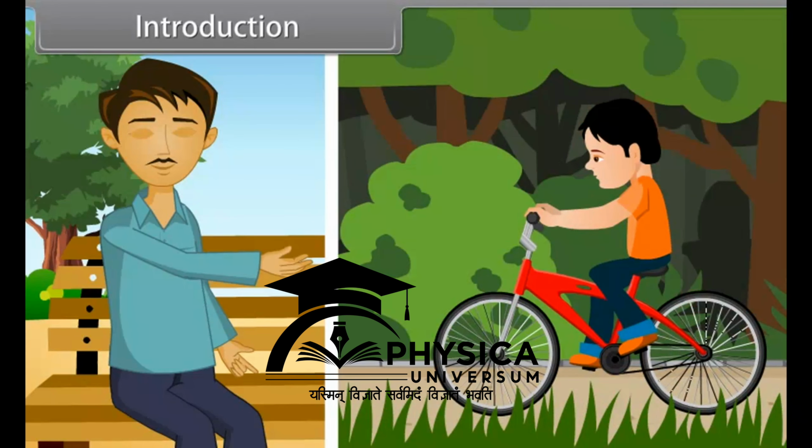Mechanical energy of the body at A is equal to the kinetic energy of the body at A plus the potential energy of the body at A. By calculating it, we get the mechanical energy of the body at A is mgh. If v is the velocity of the body just before hitting the ground, then v squared is equal to 2gh.